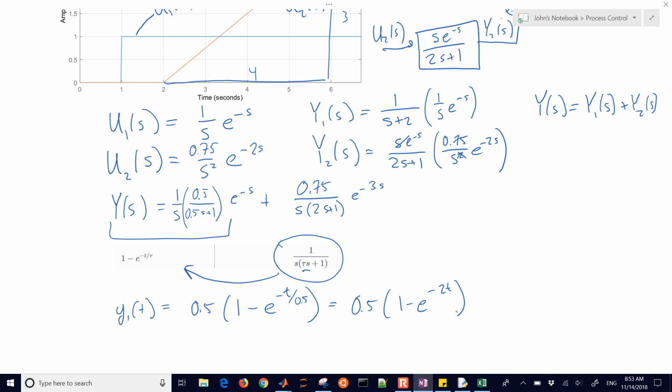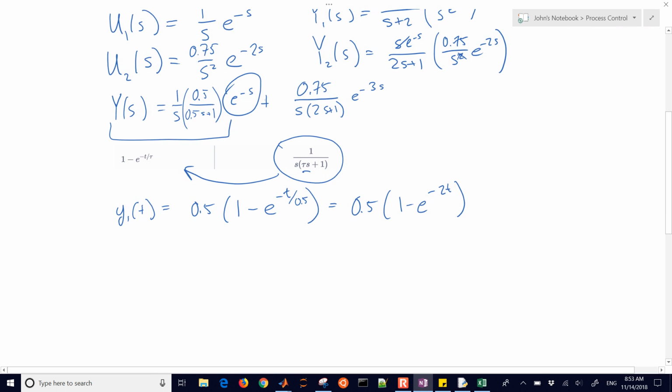So to put in this time delay, wherever you see time, you just substitute that with time minus the time delay, and then you multiply the whole function by the step input that starts at the time delay. So with the time delay, it's going to be 0.5 times 1 minus e to the minus 2 times t minus 1.